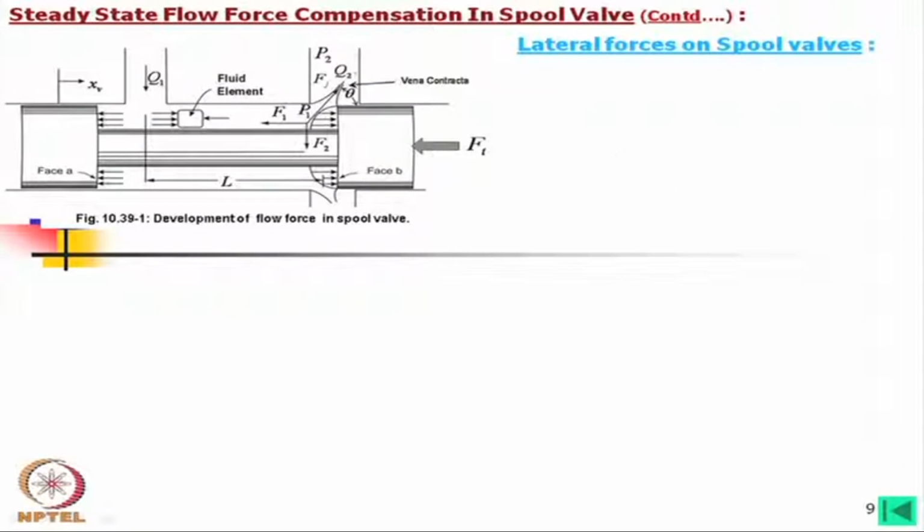In that case what will happen is there will be an imbalance in this force, this F2 will not be properly balanced. In that case, the spool will try to move towards one side and it will touch the sleeve, and touching the sleeve means we need more force to control. So, lateral force we must consider while we are designing.